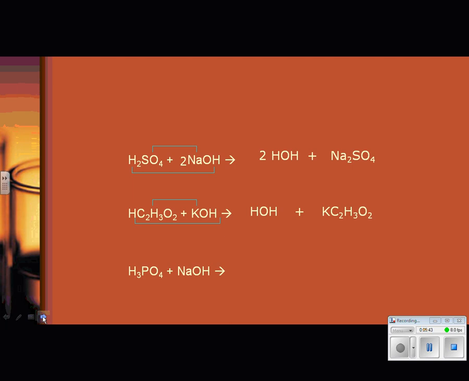So then let's do one more. H3PO4, which is phosphoric acid, plus sodium hydroxide. Again, I take my hydrogen and my hydroxide and create water. Then I take my sodium and my phosphate. Sodium's a +1, phosphate's PO4 with a -3 charge off your periodic table.